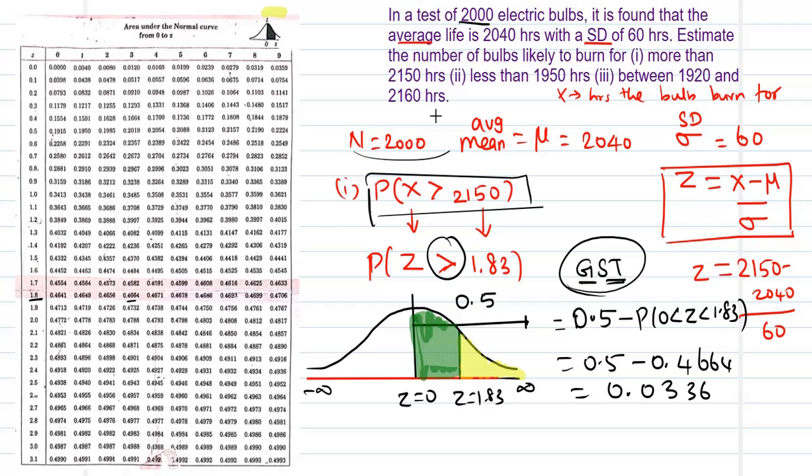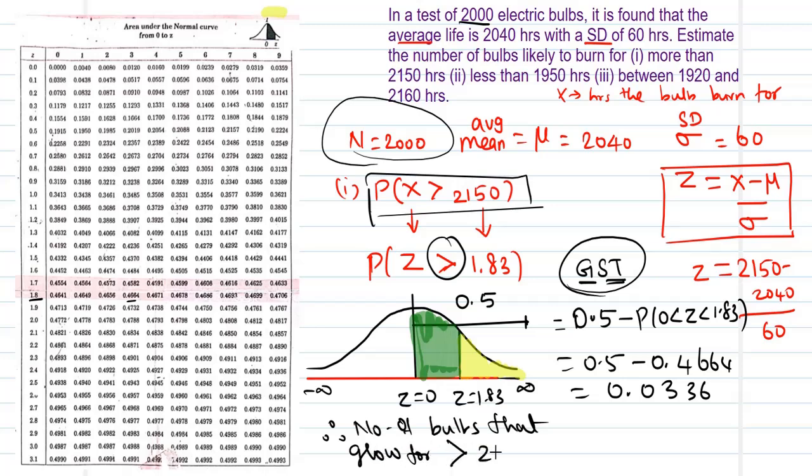But how many such bulbs do we have? We have 2000 such bulbs. Therefore, the number of bulbs that glow for more than 2150 hours will be equal to, what is the formula? We need to recollect, n into probability of x. What is the probability of x?